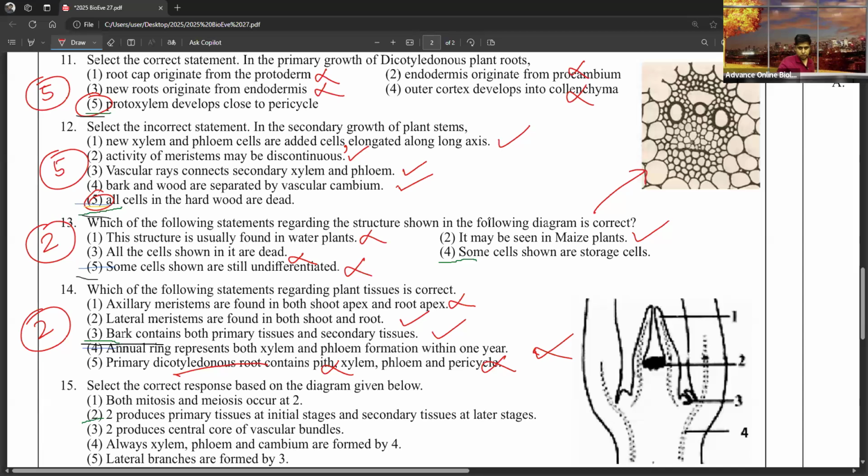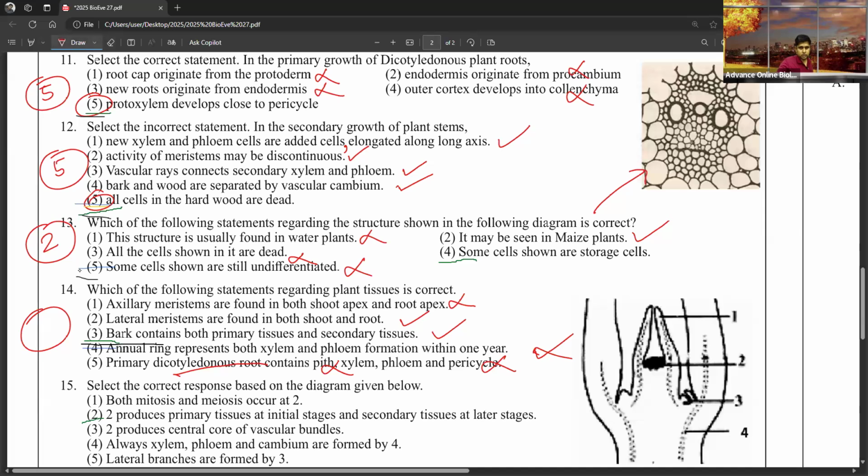Lateral meristems are found in both shoot and root, but not always. When they show secondary growth, you can see them, right?